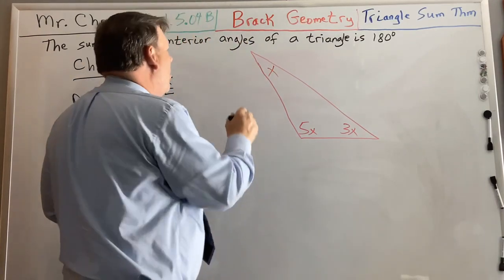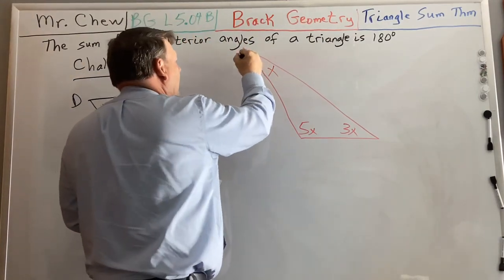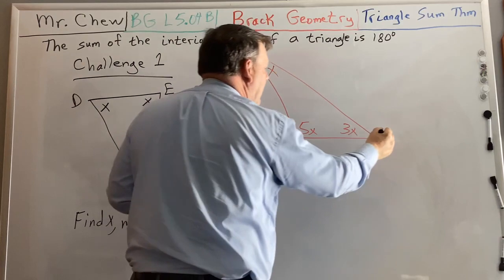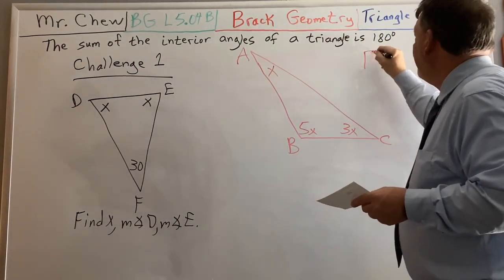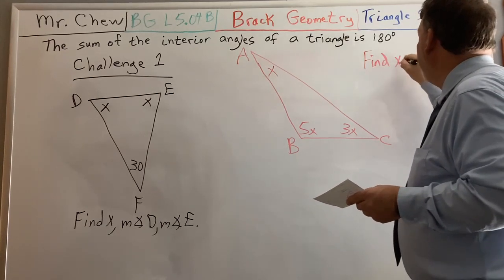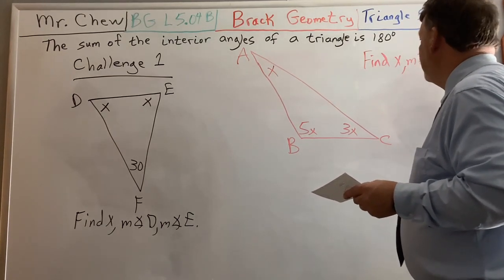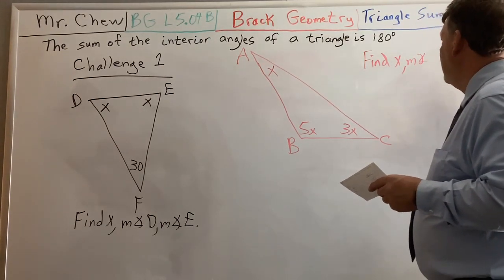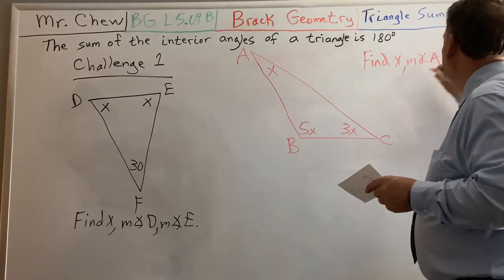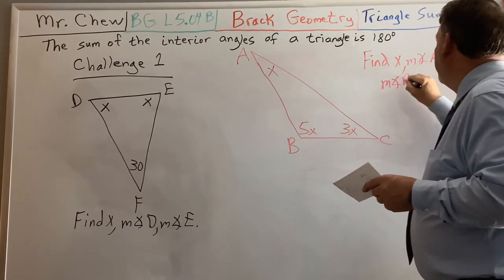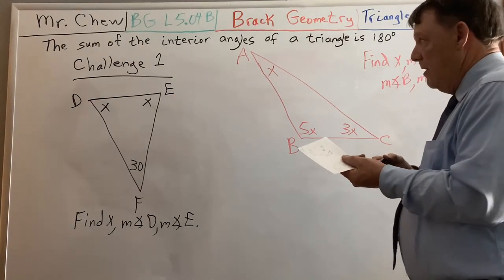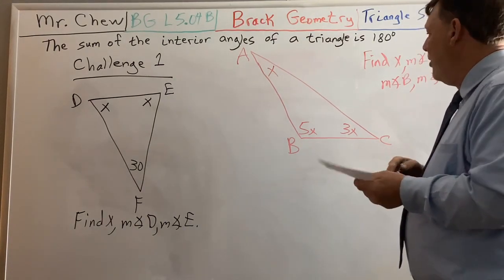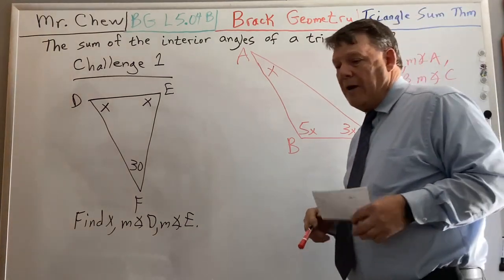And then we're going to call these angles A, B, and C. So what do we want you to do? We want you to find x, the measure of angle A, the measure of angle B, and the measure of angle C.